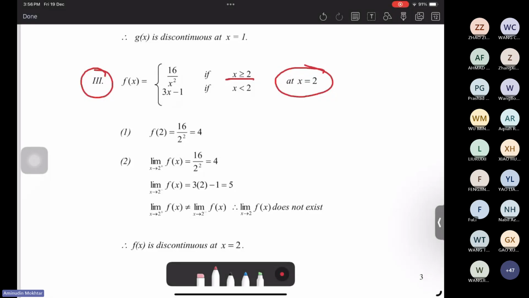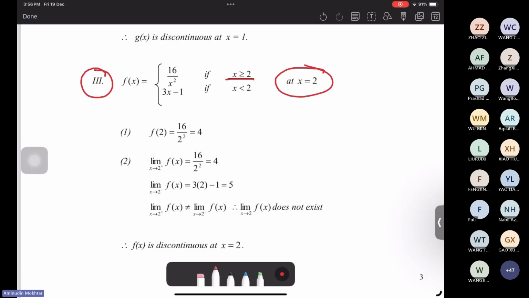Since we have this concept, no need to draw the graph. Remember, when we want to determine whether the function is continuous or not, first, you need to check whether the value of the function exists at that point. The value of y is defined, the limit exists, and the value of y equals the value of the limit.